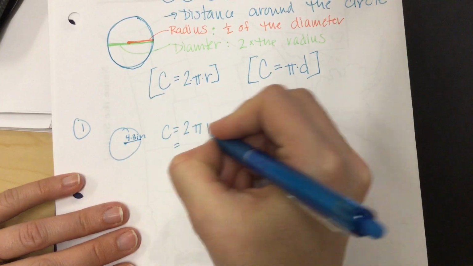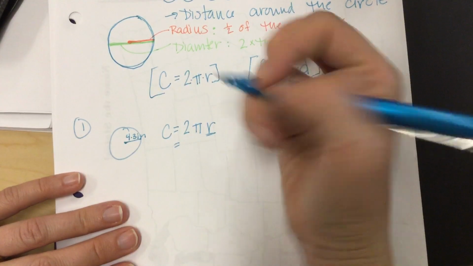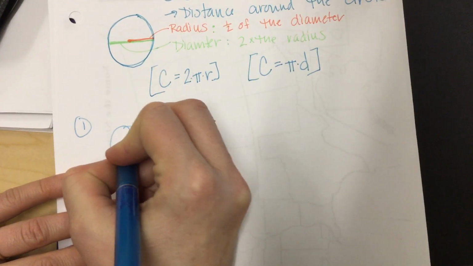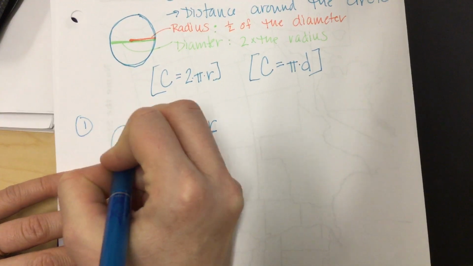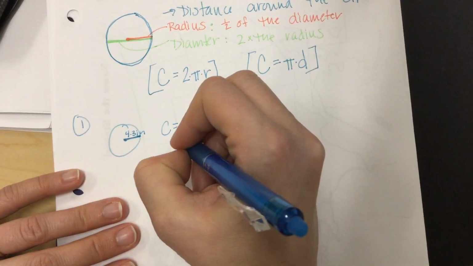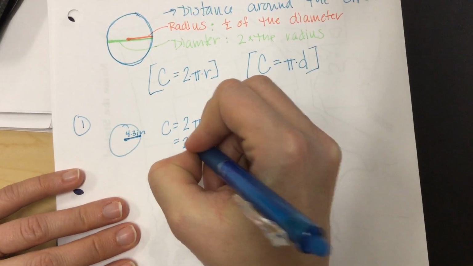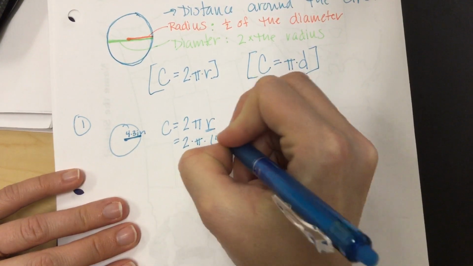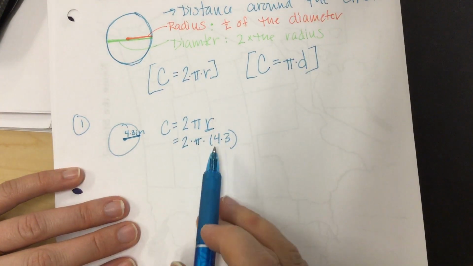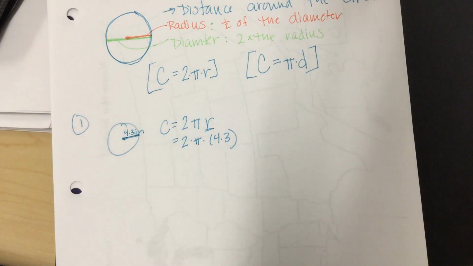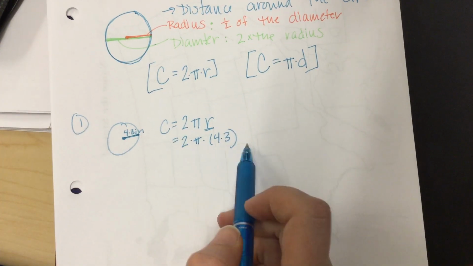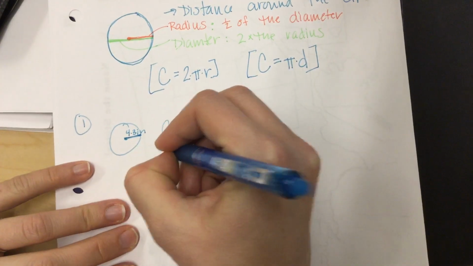Now, I'm going to replace the radius, which I know because it starts in the center and works its way outside. It's only halfway across here, is 2 times pi times 4.3 is our radius. Okay, so when you multiply these 3 numbers, that's equal to the circumference.